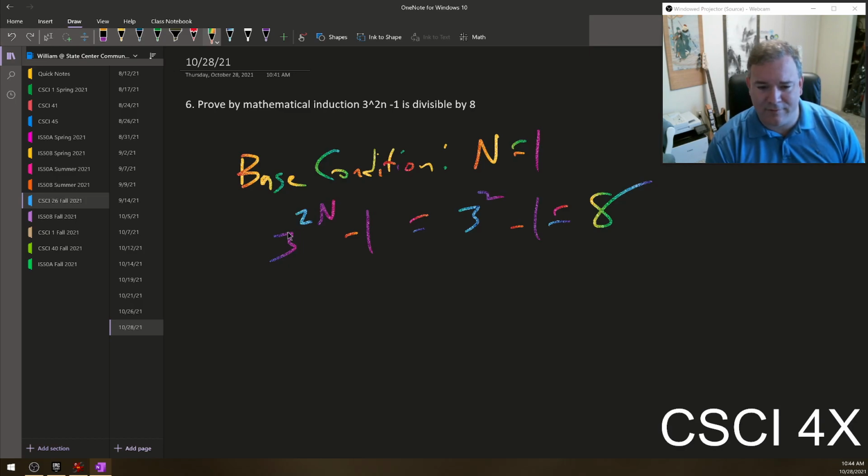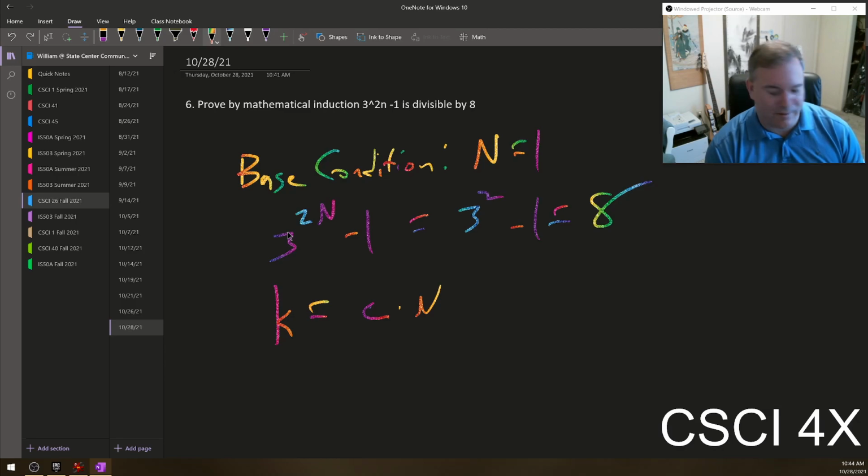For something to be divisible, k is equal to, you know, if the number k is divisible by 8, it'll take the form of 8 times n, right? There is some natural number that if you multiply it times 8, it equals that number.